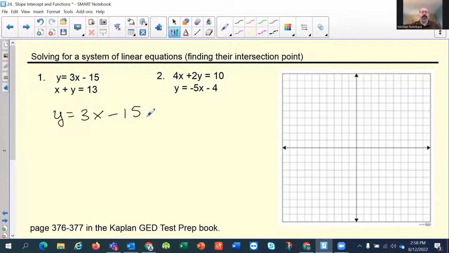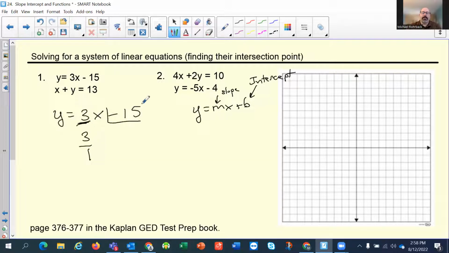If you're watching this video, you probably know this is in the form y equals mx plus b, where m is the slope and b is the intercept. So this is slope-intercept form. That means your slope is 3, or 3 over 1, and your intercept is negative 15.